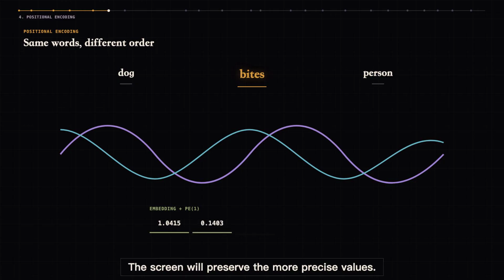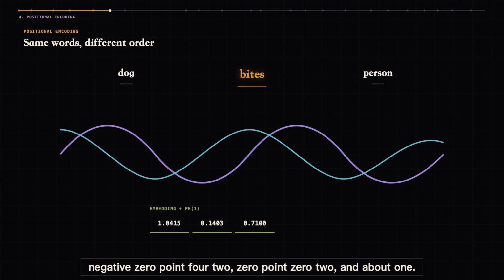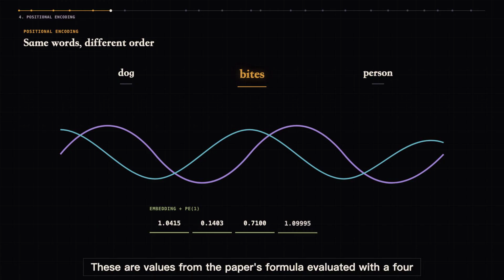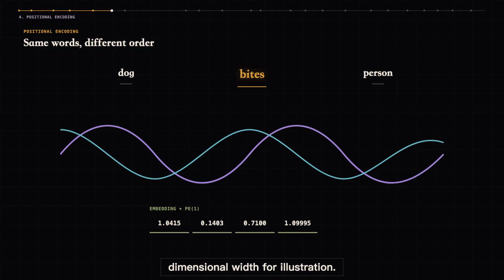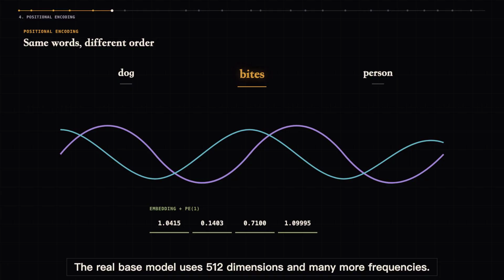The screen will preserve the more precise values. At position 2, they are approximately 0.91, negative 0.42, 0.02, and about 1. These are values from the paper's formula, evaluated with a 4-dimensional width for illustration. The real base model uses 512 dimensions and many more frequencies.